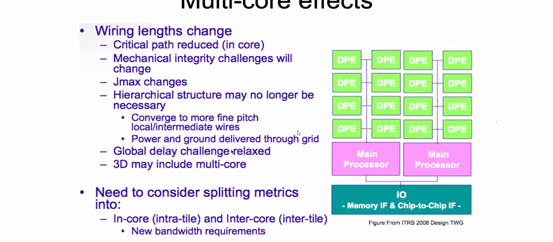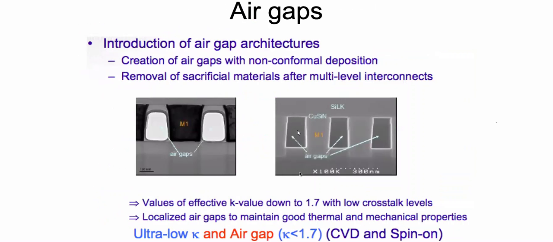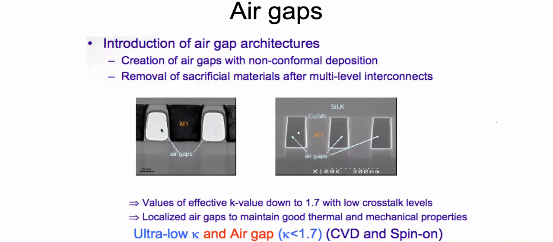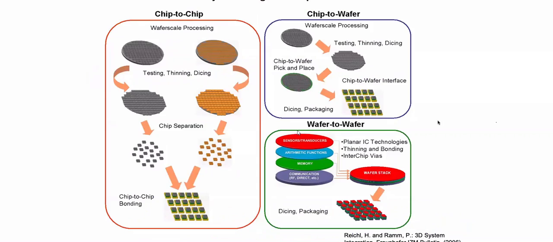You have the global delay challenge, a 3D challenge, and there are some issues. One tricky way to reduce the capacitance: why not use air? Instead of putting glass, this is a metal line, M1, and between the metal lines you put some air, so you reduce the capacitance between the lines. So technology, again, is a driver for improvement.